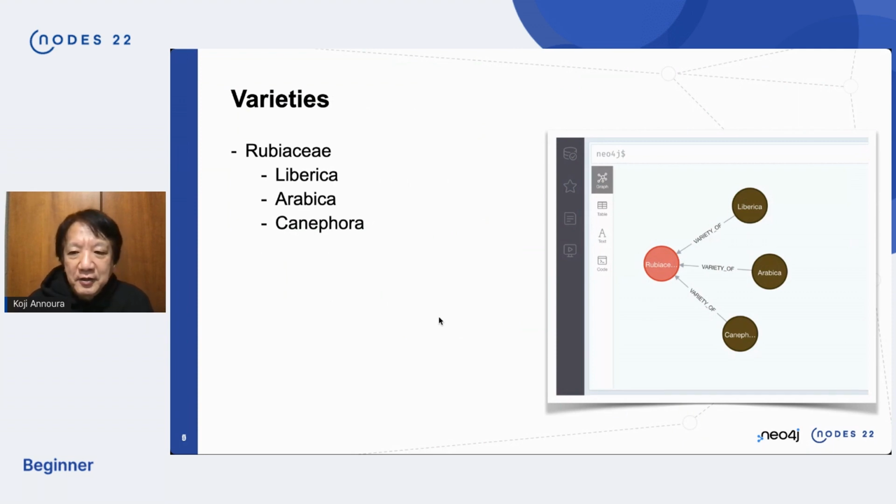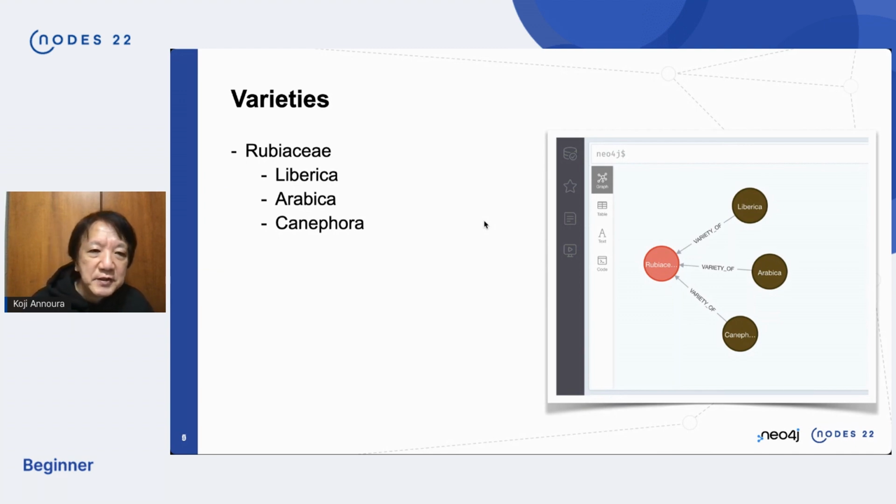I installed the varieties in Neo4j. The root is Rubiaceae. I don't know it well. And the root has three core species. One is Liberica. Next is the most famous, Arabica.